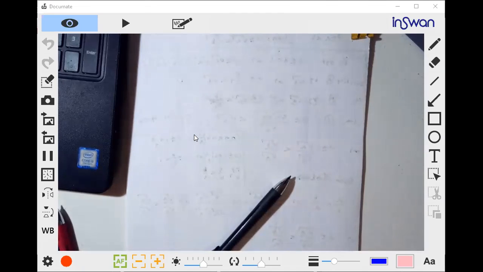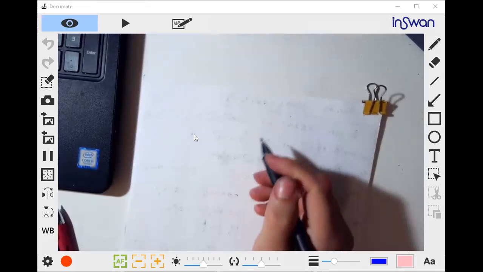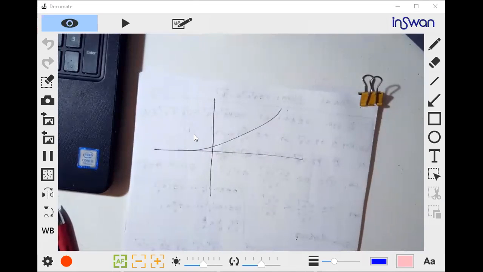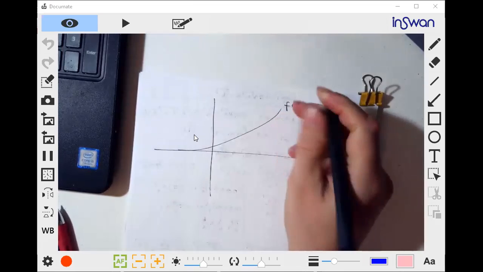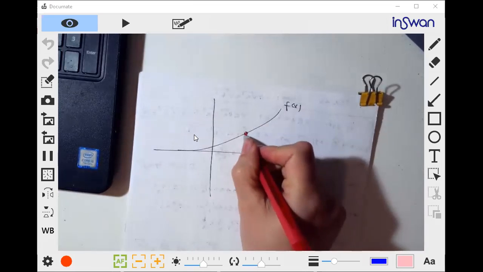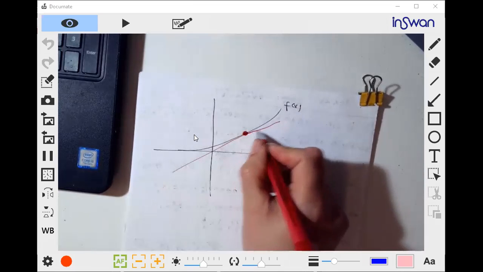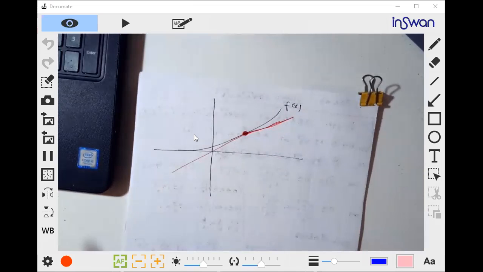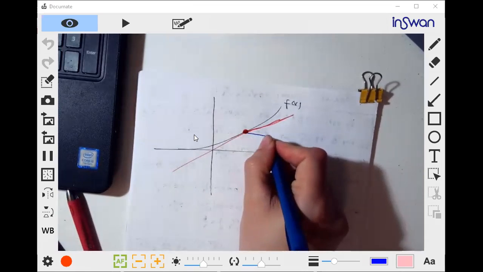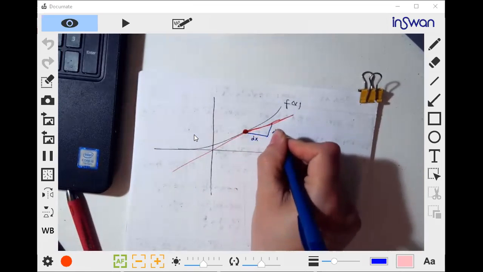So let's draw a generalized graph, if you will. Let's have some arbitrary function f of x, and let's have a tangent line, like so. Then we can build some dx and some dy.